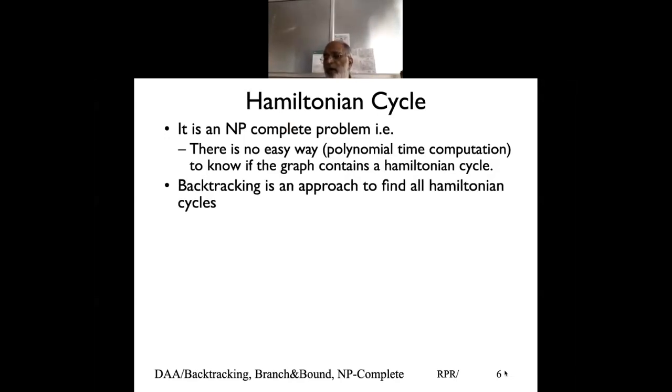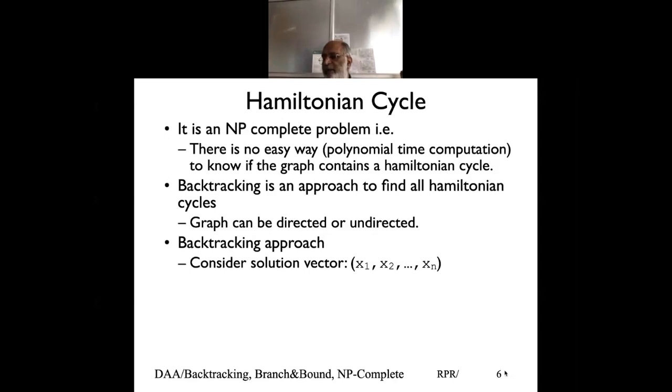That's what we call NP complete, and we discussed in the last 2 lectures what NP complete, NP hard, and NP problems are. Since there is no polynomial time solution available, we will look at a backtracking approach to find all Hamiltonian cycles. Remember, TSP could be one, there could be multiple TSPs. TSP is the minimum cost Hamiltonian cycle, and it is on a complete graph.